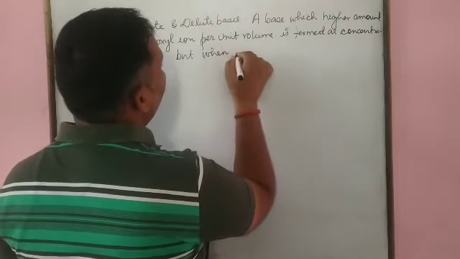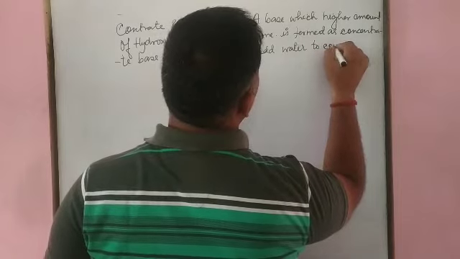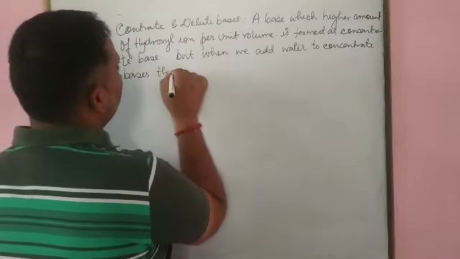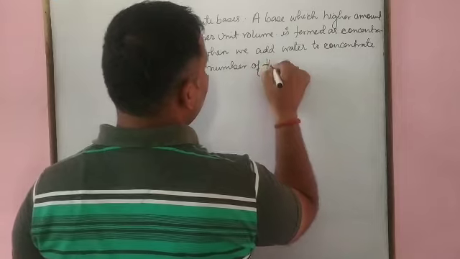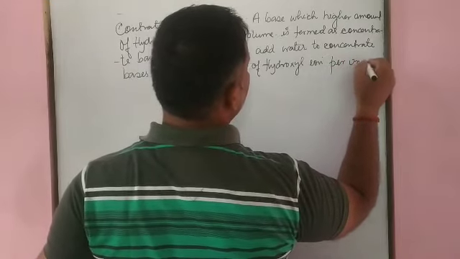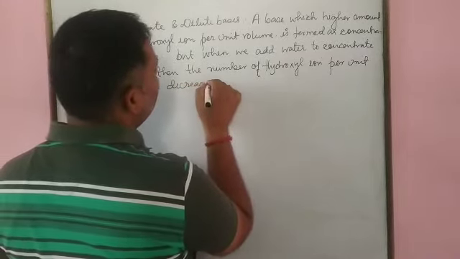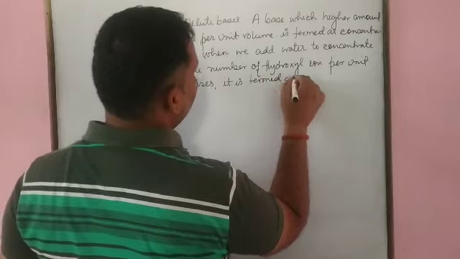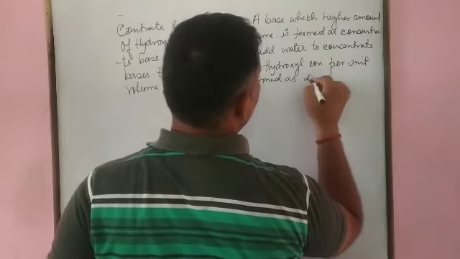When we add water to concentrate bases, then the number of hydroxyl ion per unit volume decreases. It is termed as what? Weak bases. It is termed as dilute bases.